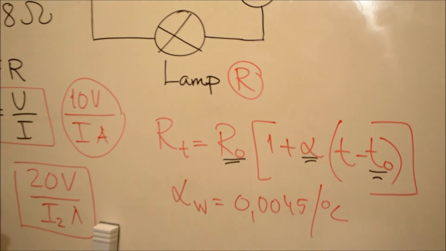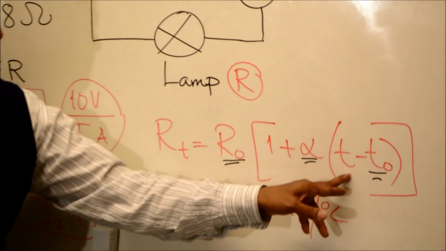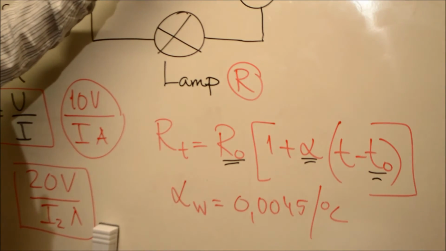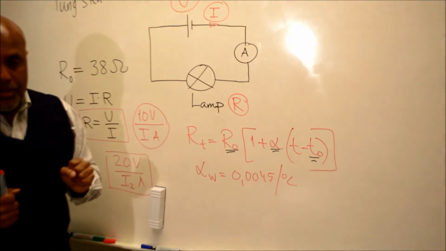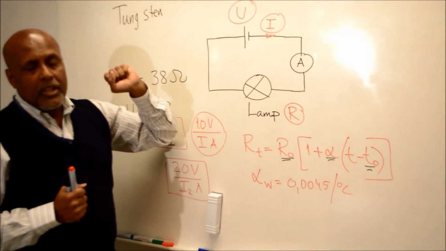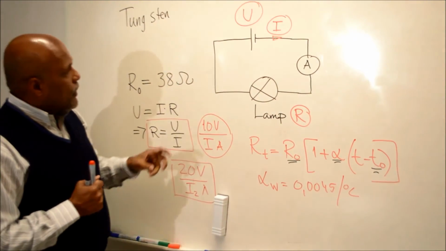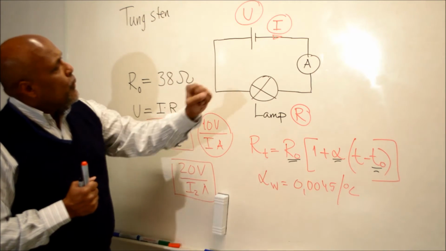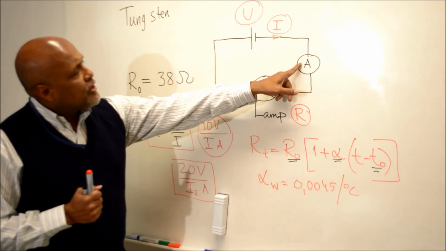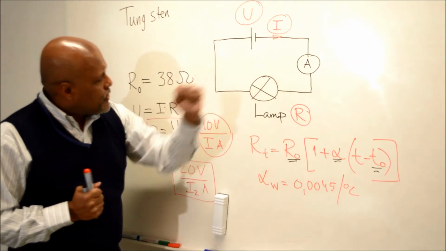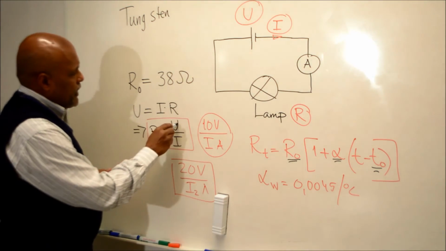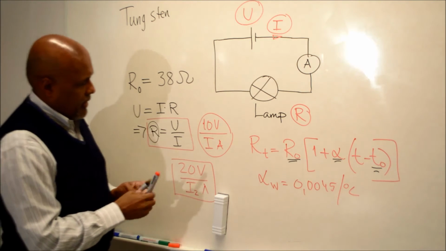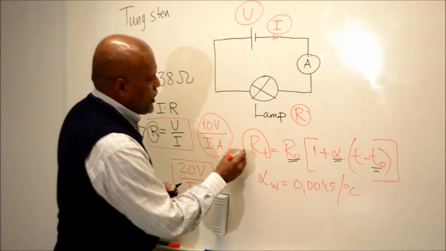Or if we want to find out the temperature of the lamp when the voltage from the battery is 30 volt, we can measure the current at that voltage. So we know the voltage, we know the current, then we find out R, that is, we find out RT.